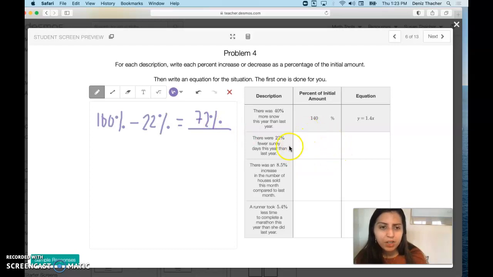That means the percent of initial amount would be 78%. Now we're going to go ahead and write the equation. So we're going to change 78% into a decimal. We can do that by dividing by 100 or moving the decimal place 2 places to the left. So that would give us 0.78.